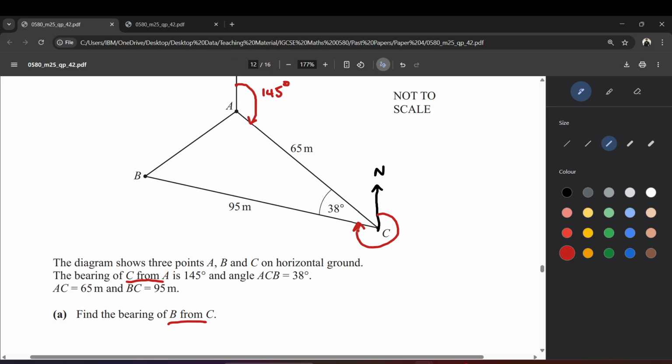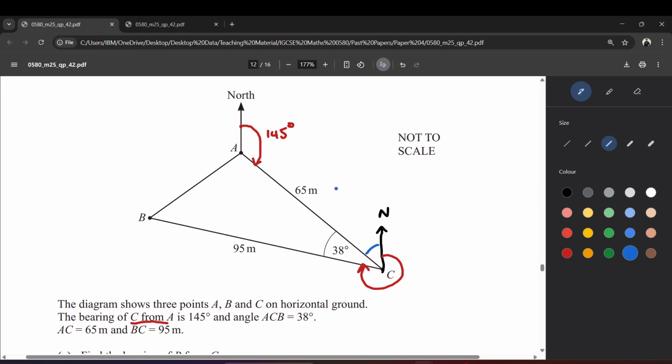This is the angle that is needed because it goes all the way clockwise until this path that leads me towards B. So in order to find this angle, if I can somehow find this angle, then I can subtract 38 and this angle from 360 degrees. That will help me in finding this angle.